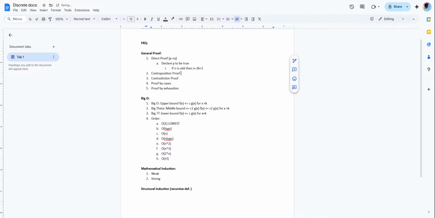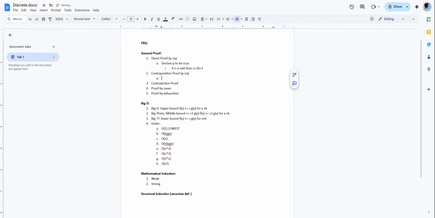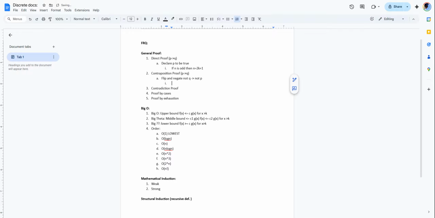Contraposition, again in the P Q form, is when you flip and negate, and so now we have not Q implies not P, and then declare not Q to be true.